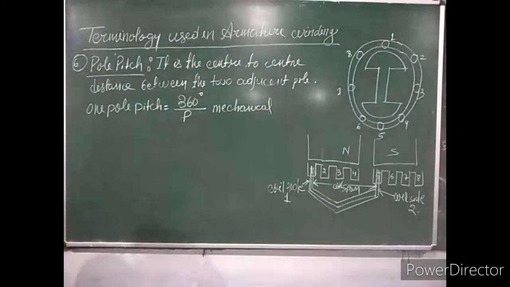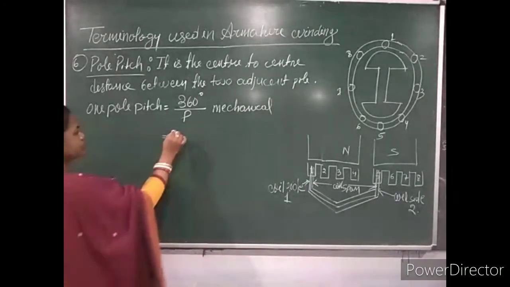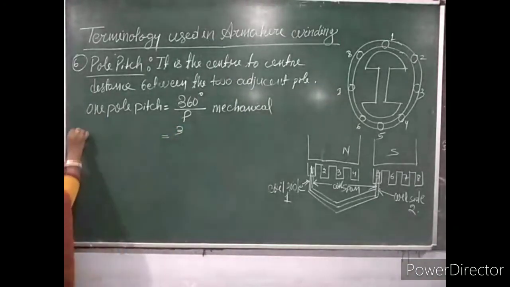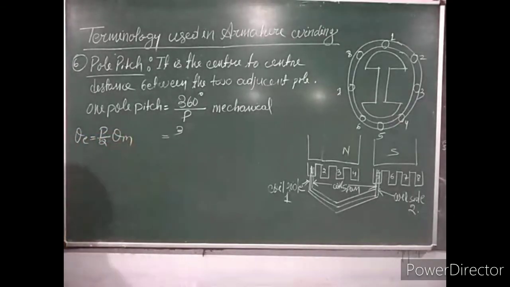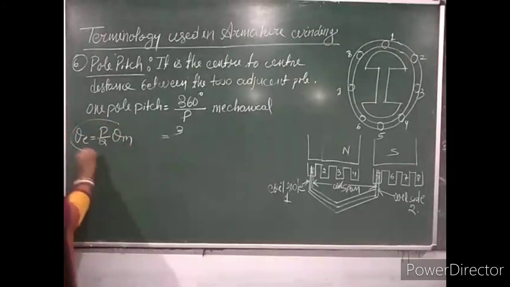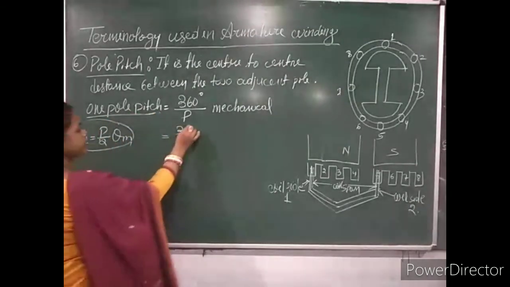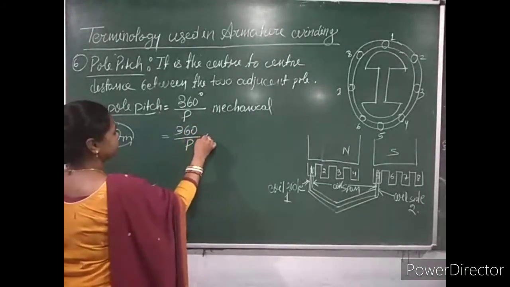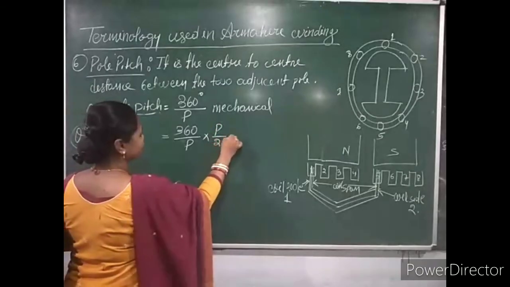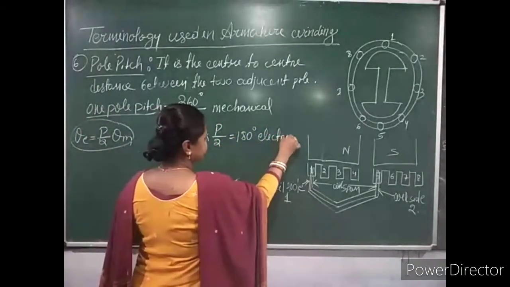And if you want to find it in electrical, you just multiply by the number of poles by 2, because you know the relation theta electrical equals P by 2 theta mechanical. By applying this formula, you can find pole pitch in terms of electrical: 360 by P into P by 2, which is equal to 180 degree electrical.